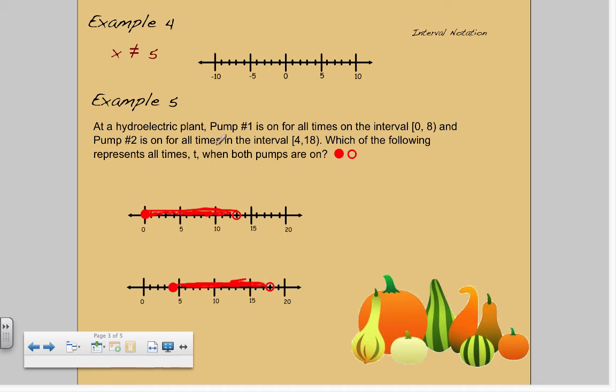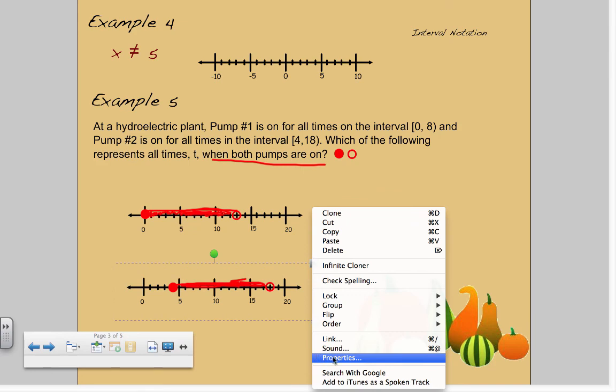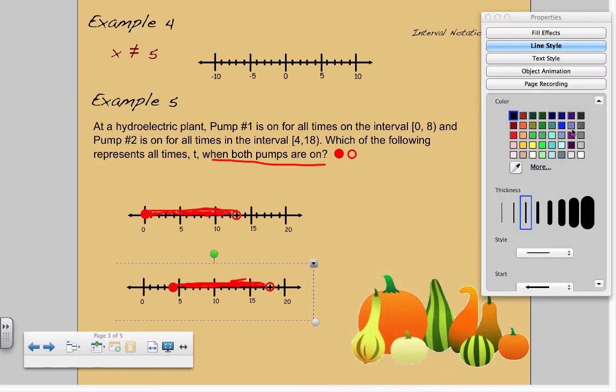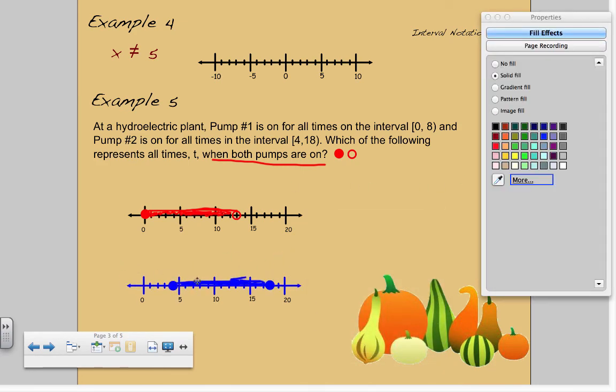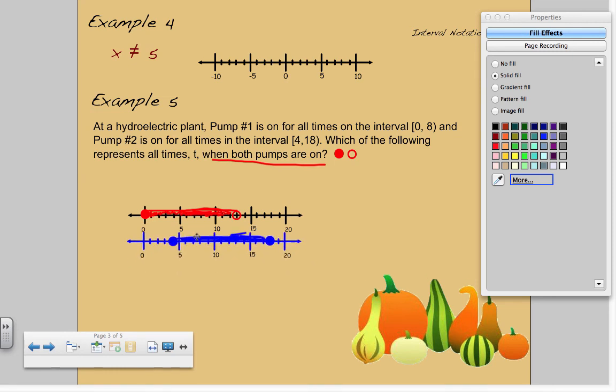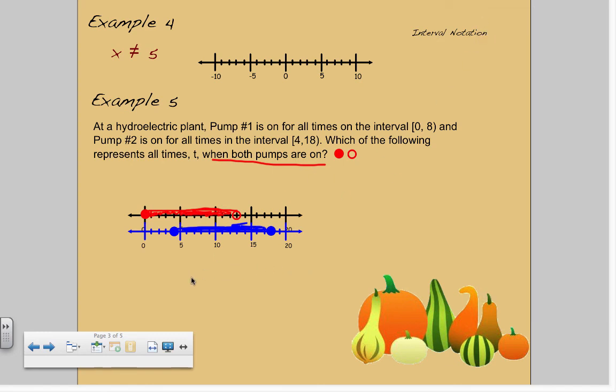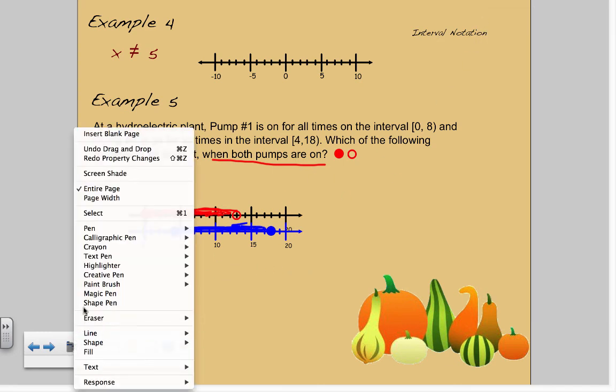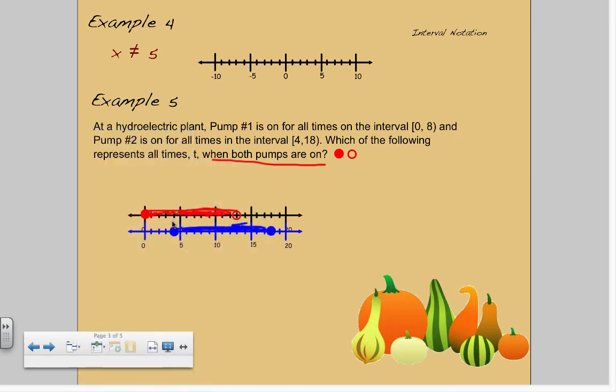Okay, now, when are the pumps both on? Well, I want to do something here first to give you a better visual. I'm going to hook those all together, and then I'm going to change the color on them. And then I'm going to move it up here so they're almost on top of each other, and they're asking me, where are they together? Now I need a line to help me with this.